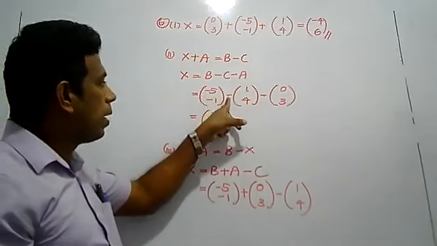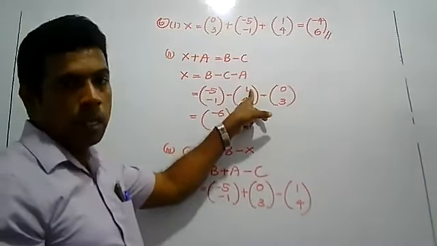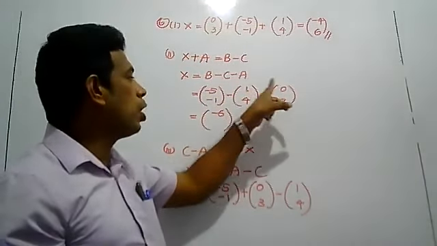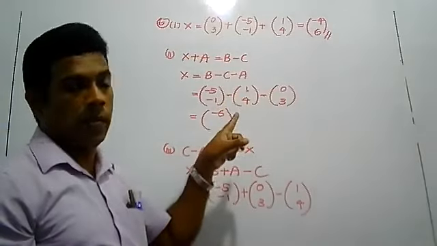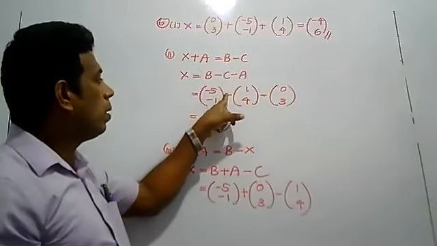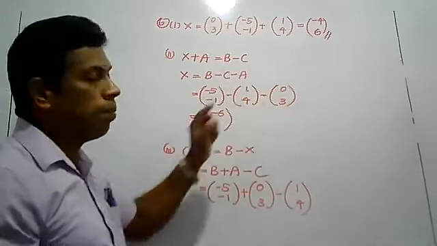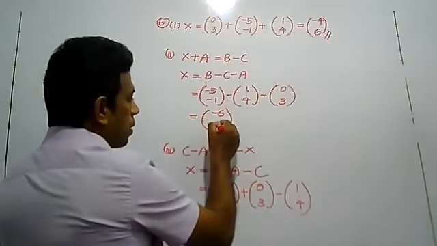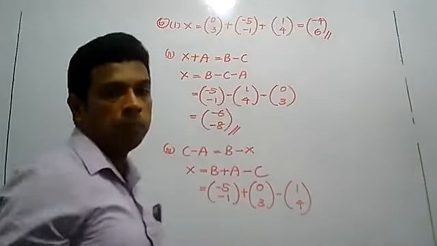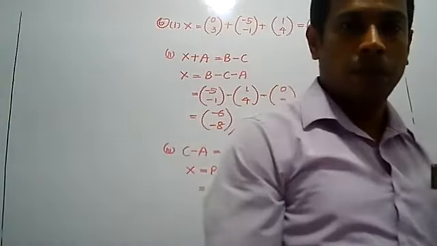Then minus 1 minus 4 minus 5, minus 5 minus 3 is minus 8. Minus 8.